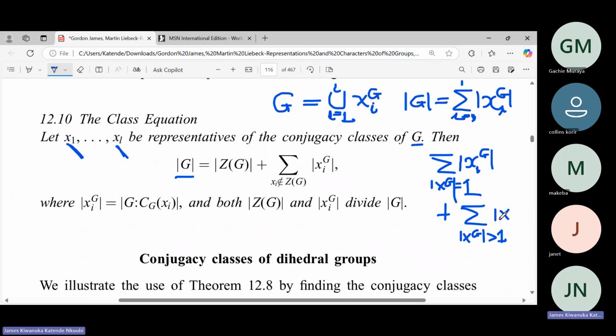So you split it into two. They are disjoint because it's either 1 or not 1.